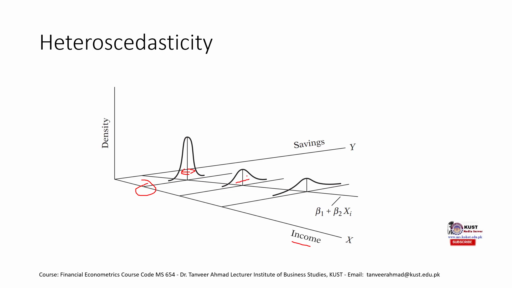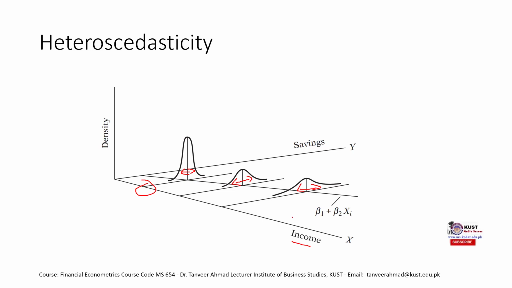As we move towards the higher income levels, we can see that the spread in saving increases. Some people save more, some people save less as compared to previous income levels, and that is because once we have more discretionary income, some people might want to spend it on some luxury item and others might want to save it. So they have the choice to save higher, but in this case the choice is somewhat restricted.